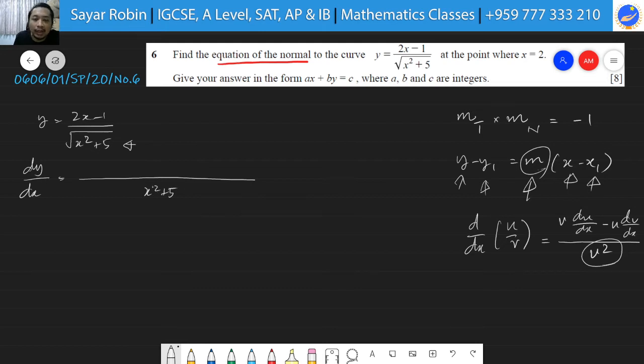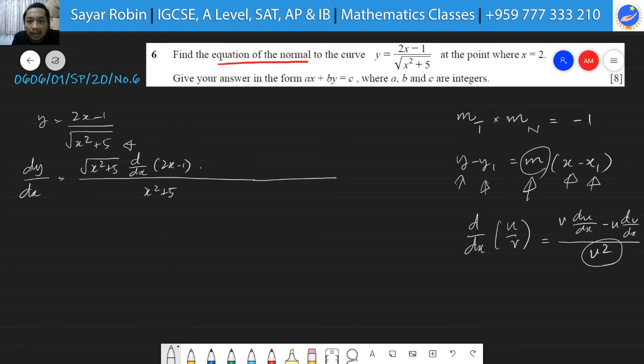And then we leave the denominator, the square root of x squared plus 5, and differentiate the numerator, the derivative of 2x minus 1. You can write it like this, d dx of 2x minus 1. You can skip this step and directly write down the answer, it's okay.